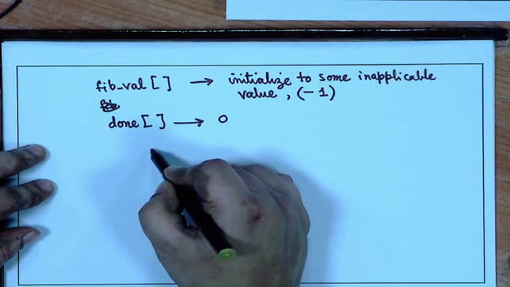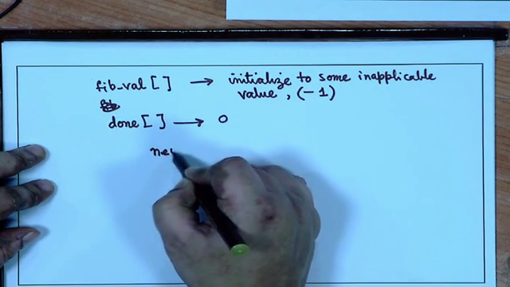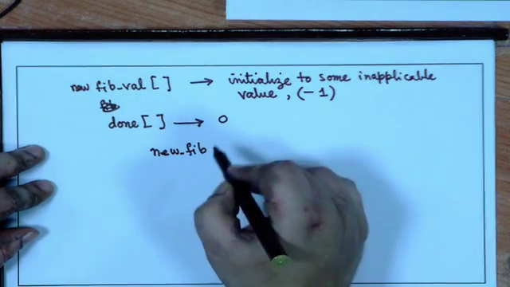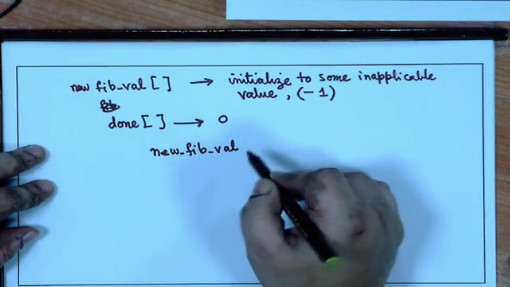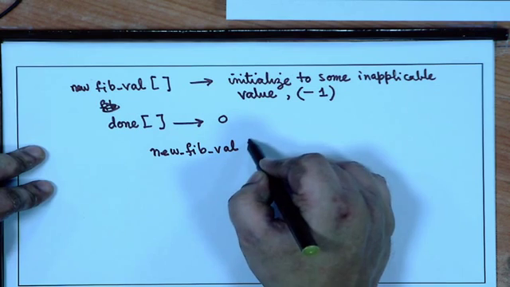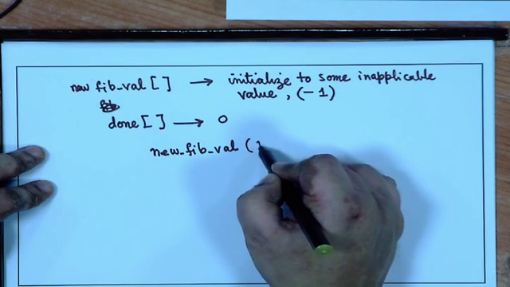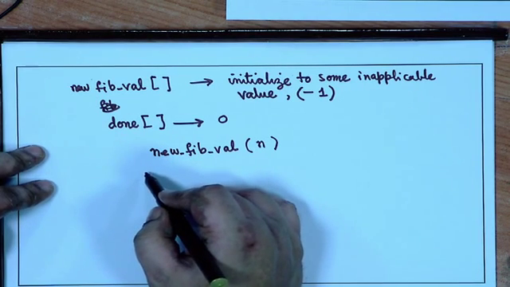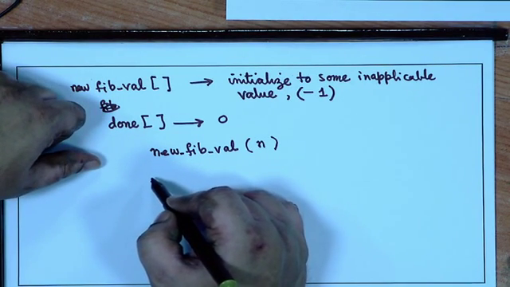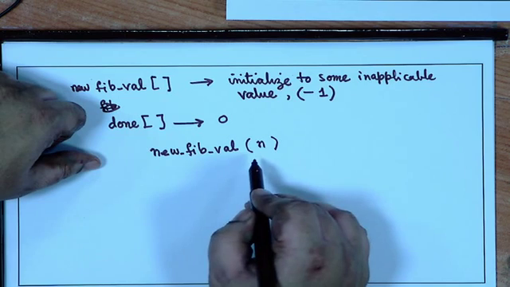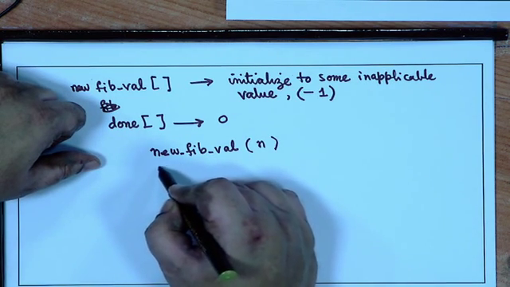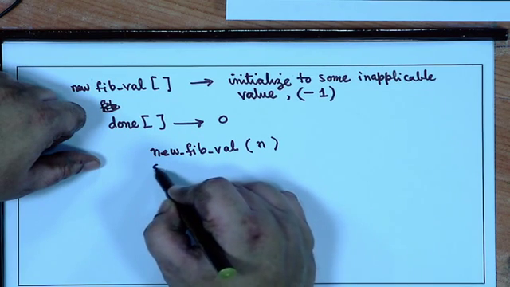Now we will write our new fib_val function. Given any n, we will write a recursive function in such a way that we are always able to determine the value. What we will do is as follows.